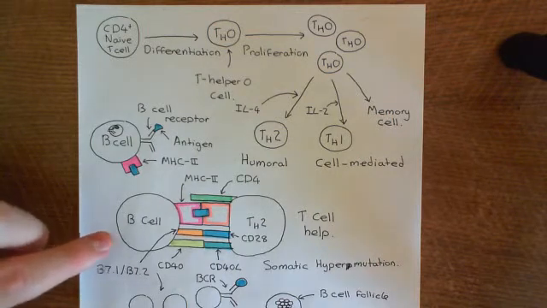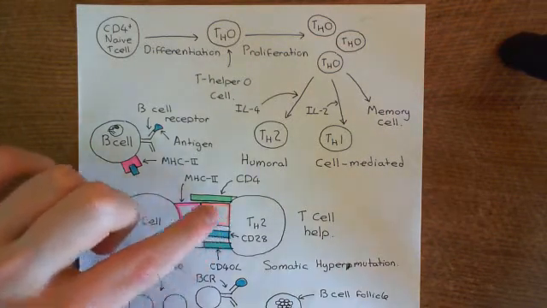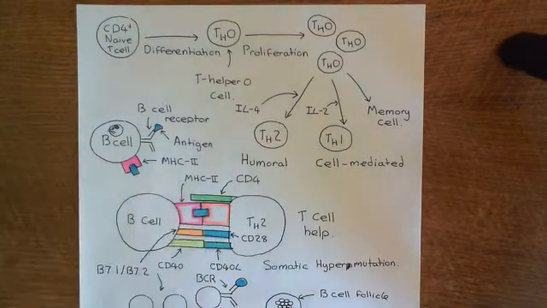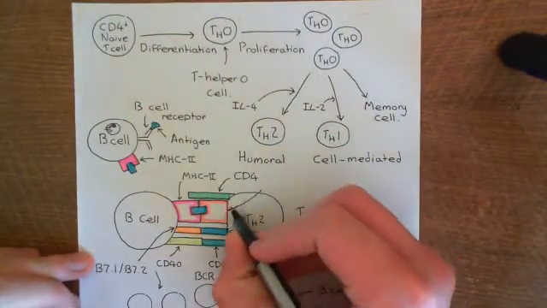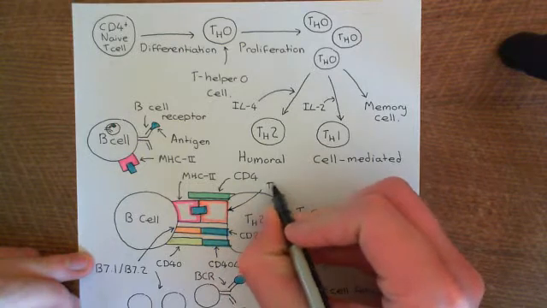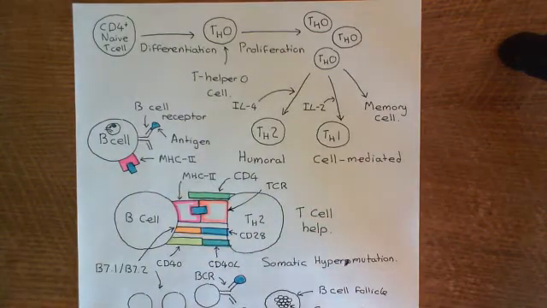What will then happen is the B cell will find this T helper 2 cell, which has the complementary T cell receptor for this antigen fragment here. So let me just label this up in red here as the T cell receptor, the TCR. Okay, so when the B cell finds this T helper 2 cell, the TCR will bind to the antigen fragment mounted on the MHC class 2.